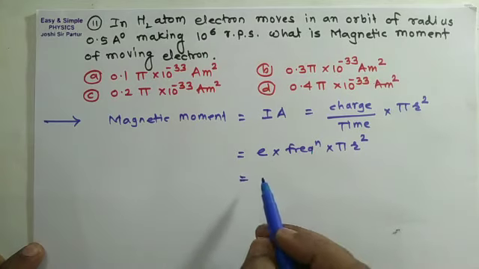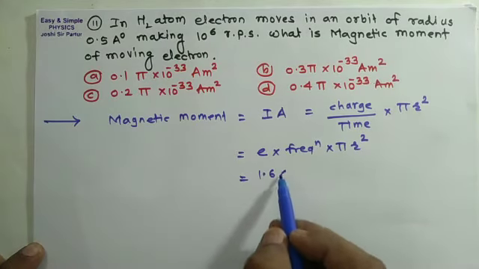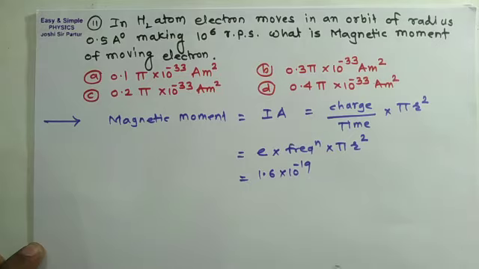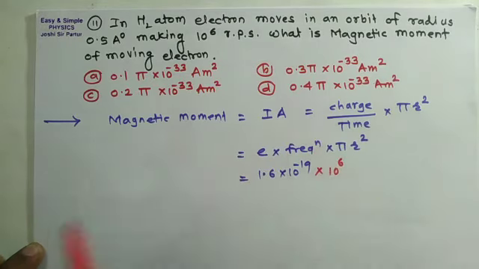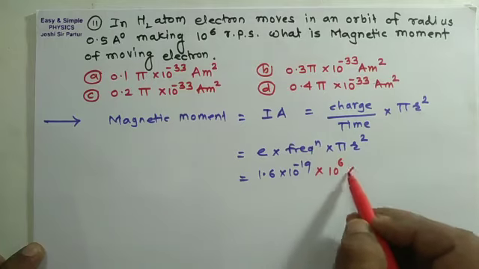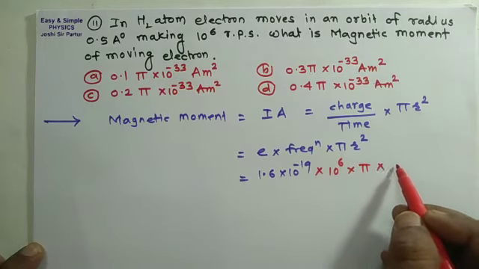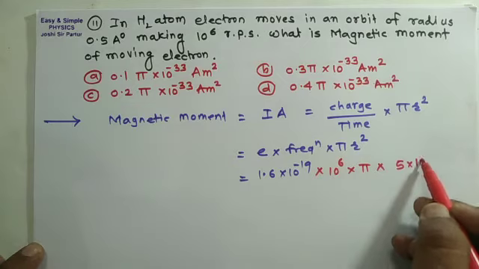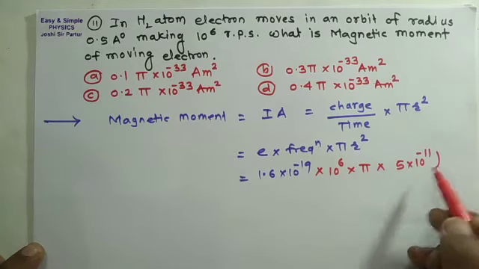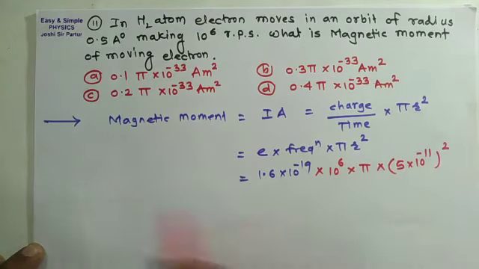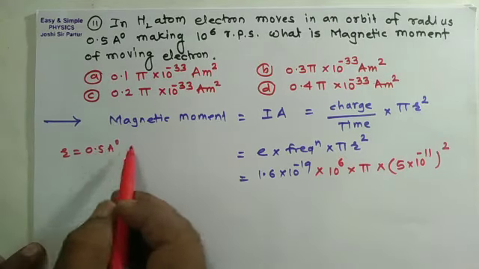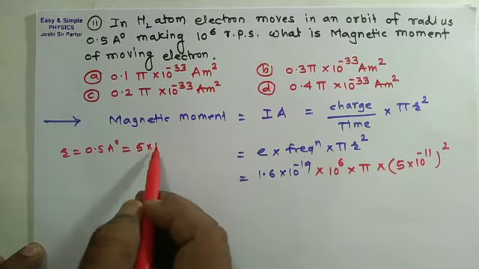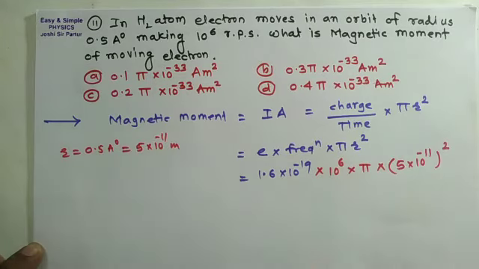So charge is 1.6 into 10 to the power minus 19. Frequency is 10 to the power 6 and pi multiplied by radius, 5 into 10 to the power minus 11, square, because here r is equal to 0.5 angstrom, which will be 5 into 10 raised to minus 11 meter.